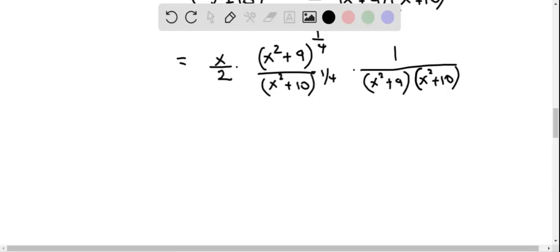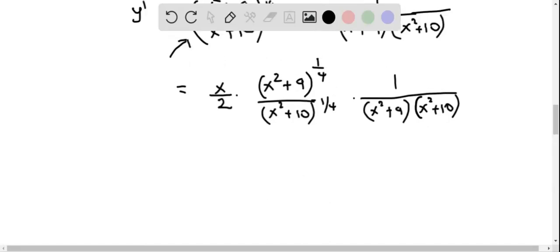Now let's combine the like terms, the numerator and denominator, using the exponent laws. So this equals x by 2. We have (x squared plus 9) raised to the power of 1 by 4 in the numerator, and x squared plus 9 raised to the power of 1 in the denominator.